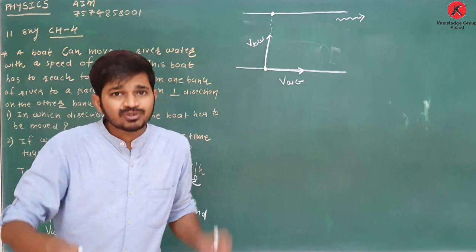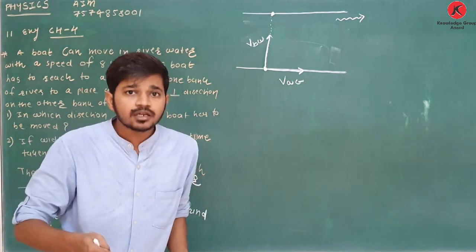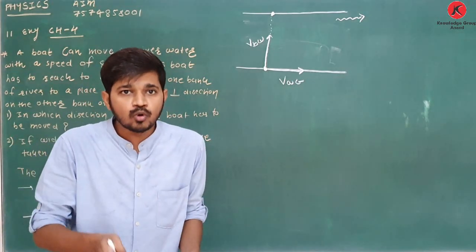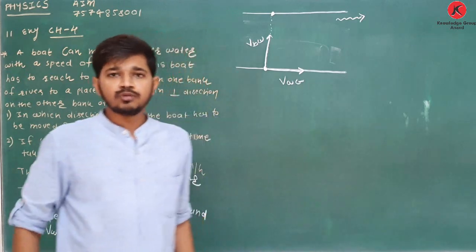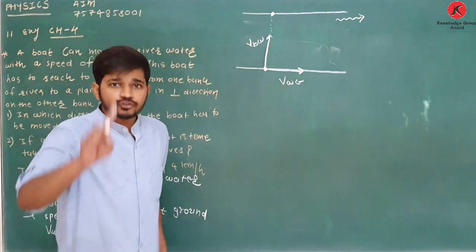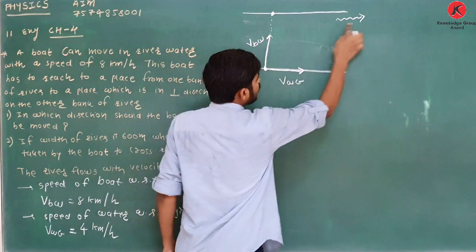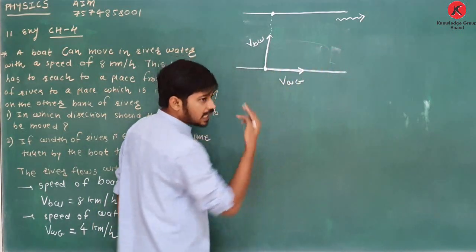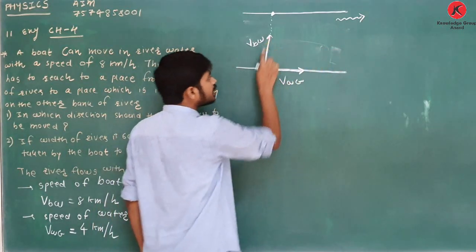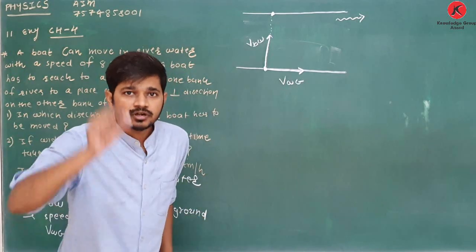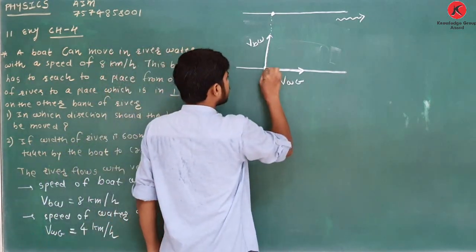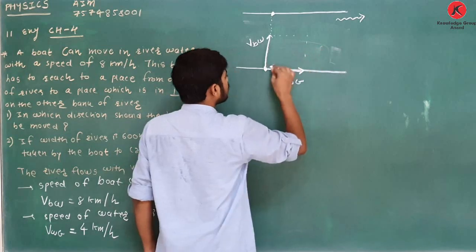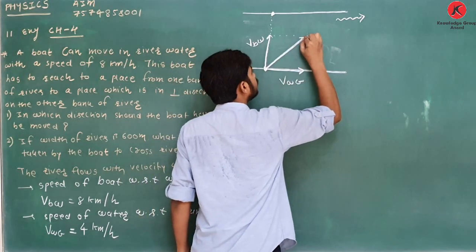If you have observed in a river, whenever you swim in a river, you will move in the direction of flow. So if the river is flowing in this direction, and if you start your motion in this direction, what will be your resultant direction? See, if you complete this parallelogram, you will move in this direction.